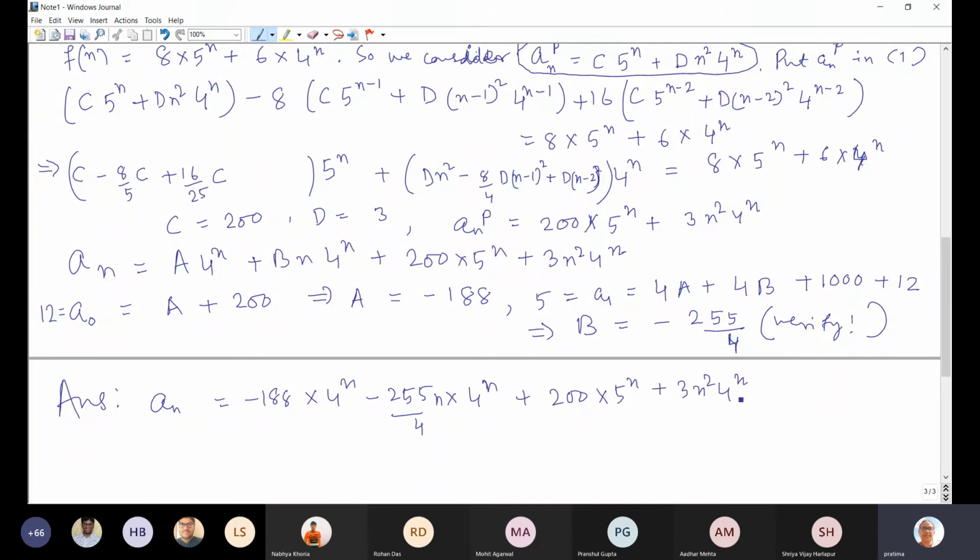This is your final answer. Okay, so this is how we solve non-homogeneous linear recurrence relations with constant coefficients.